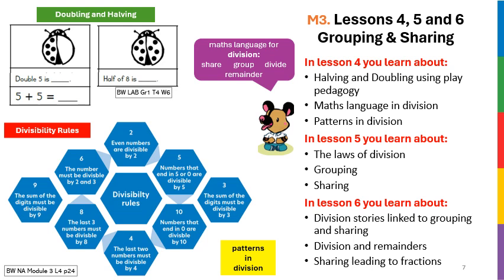It says the sum of the digits must be divisible by 9. Okay, so does that mean any number, if I add the digits and the sum thereof is divisible by 9, then that big number is divisible by 9?